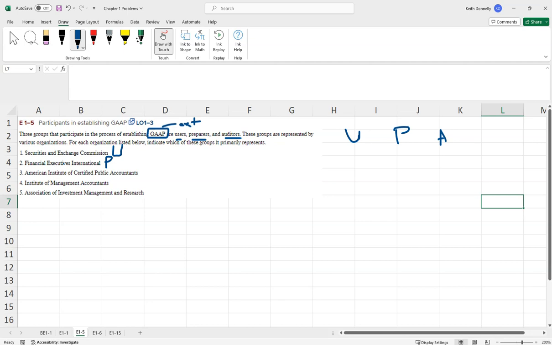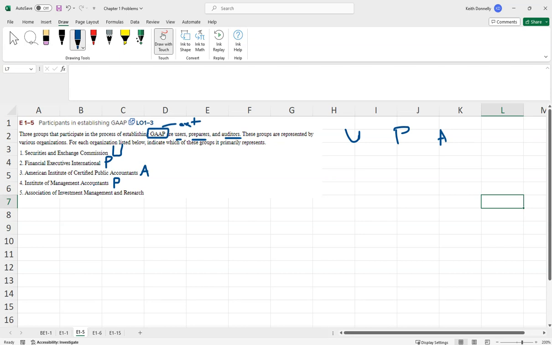The AICPA, the closest one they're linked to is an auditor in the sense that they help establish the standards for GAAP. They're really looking and making sure everything is okay and done correctly. The IMA, in distinction, deals more with managerial accounting, like internal, not external standards.